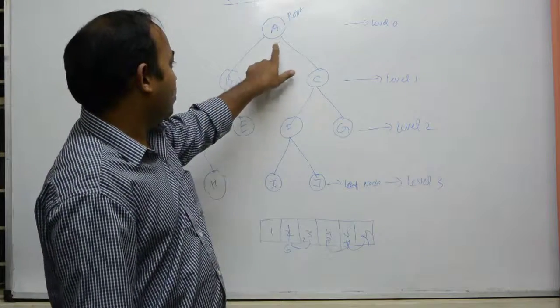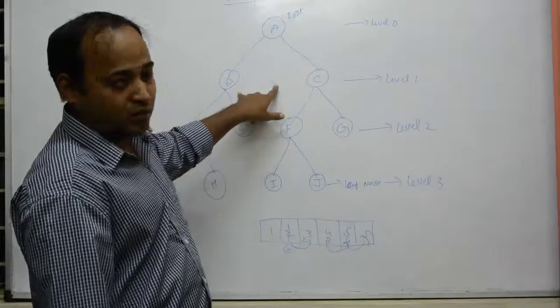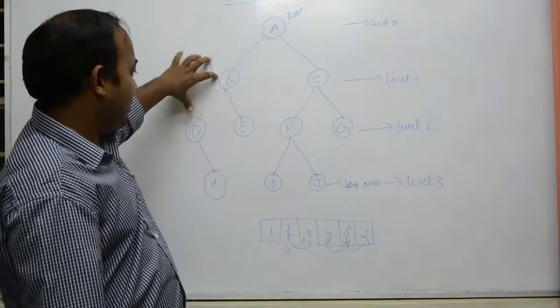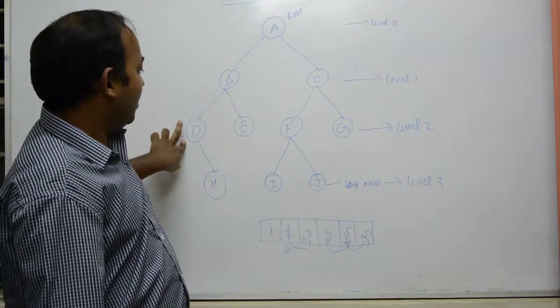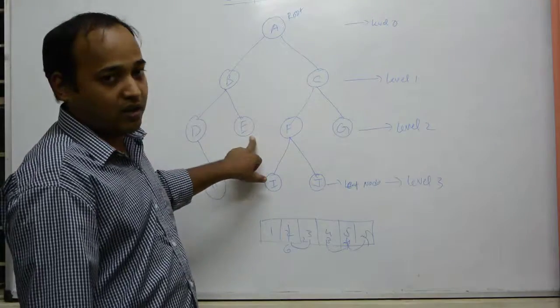So this is the root node, and B and C are the child nodes. Suppose B has D and E: D is the left child and E is the right child.